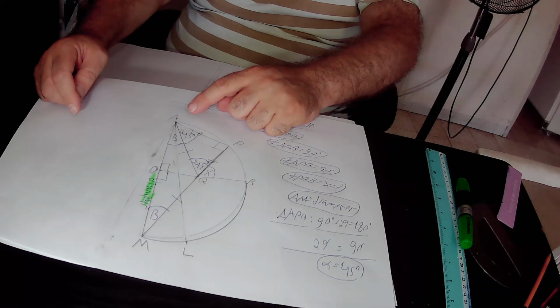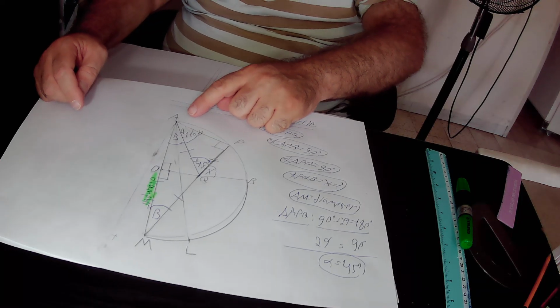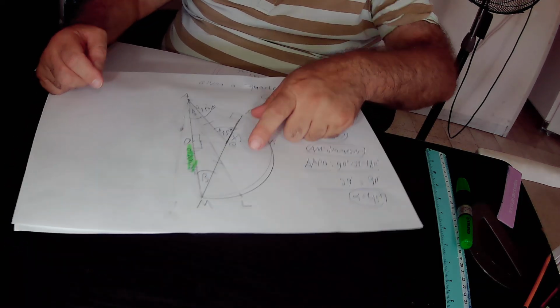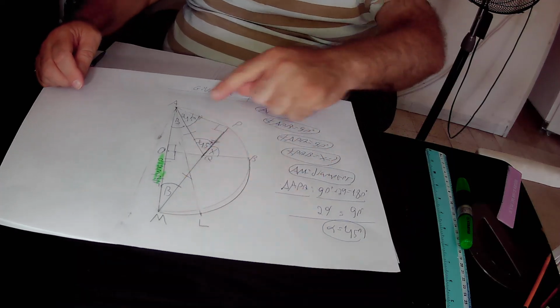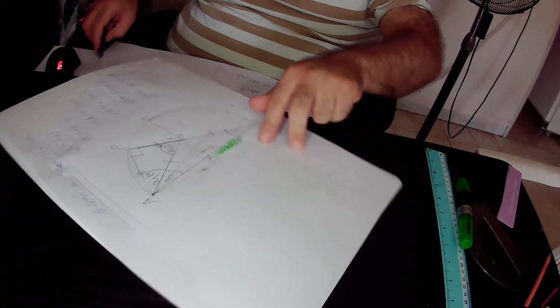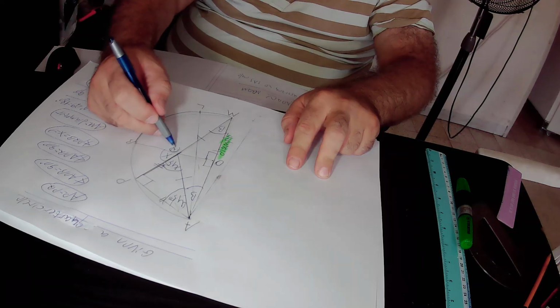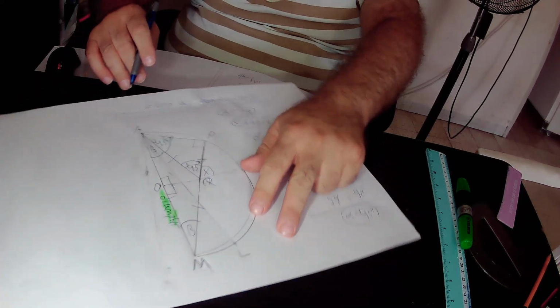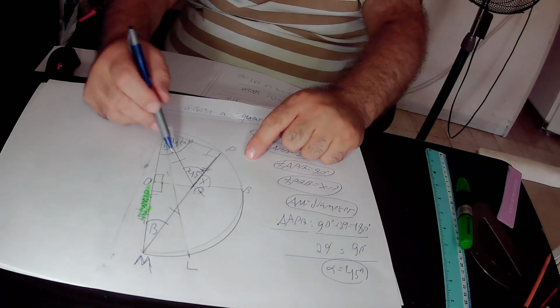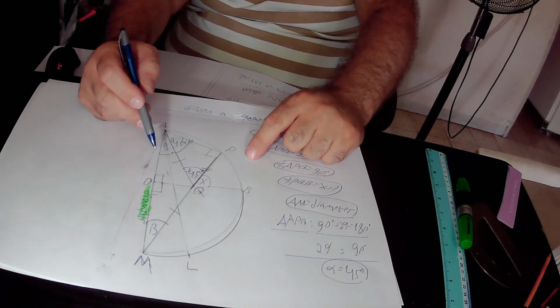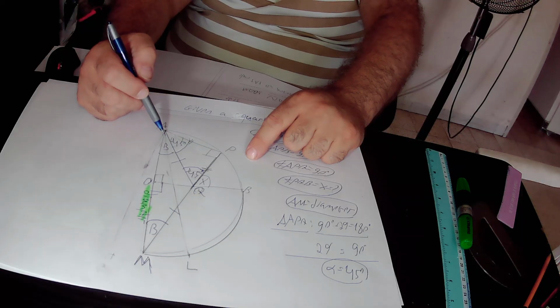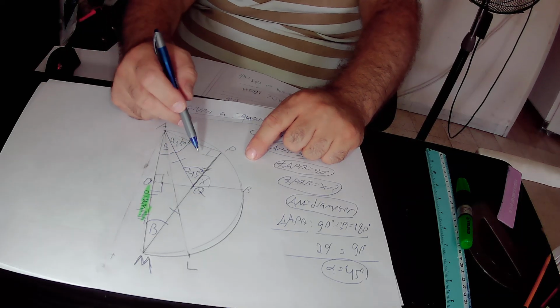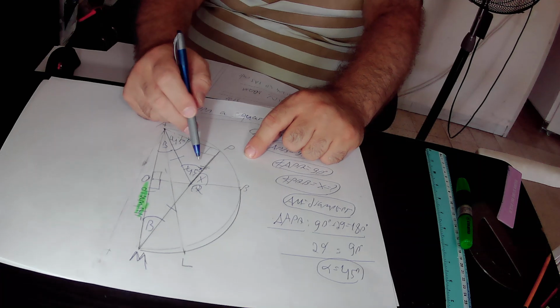Why? Because in our drawing, if we relate to the big associated triangle AQM, those three angles are defined as the interior angles of the associated triangle AQM. Well, this is angle AQP.